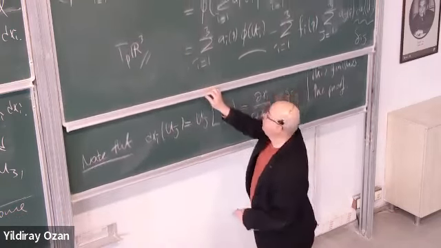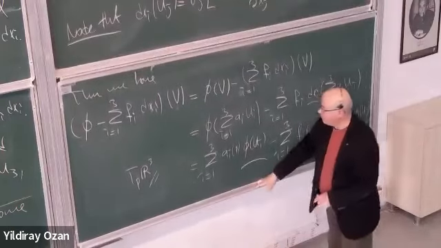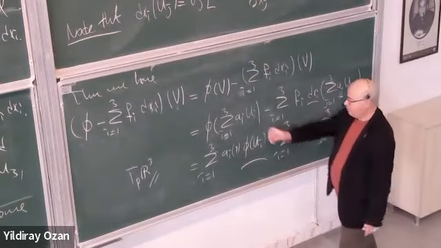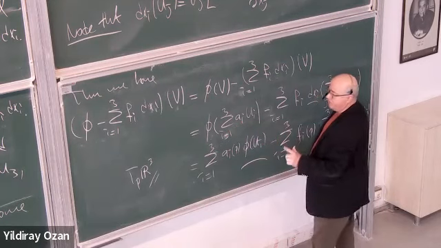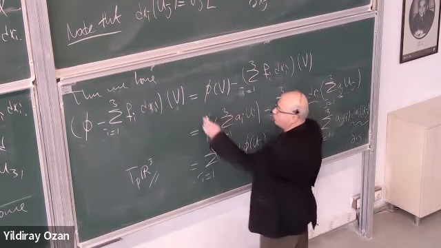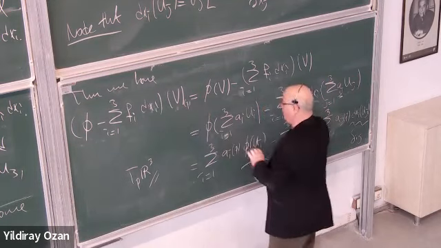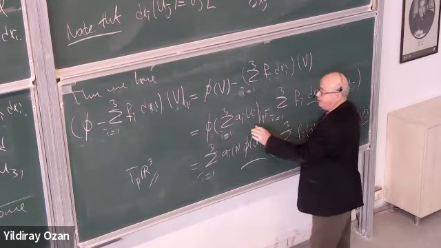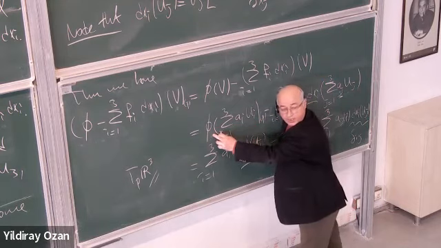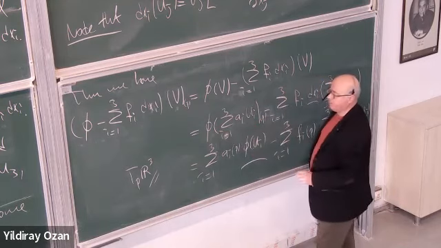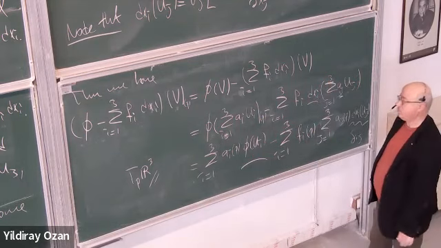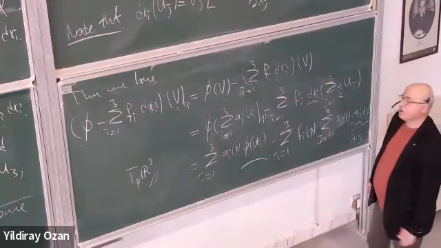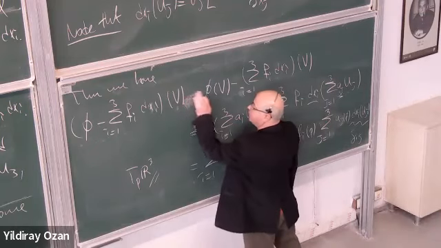This one? Well, phi applied to this vector. So I can do this at any point P. At any point P, this is a vector and this is a linear object on that tangent space. Yeah, you are right.